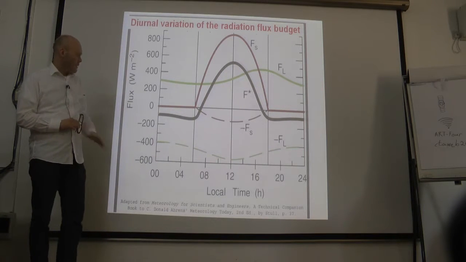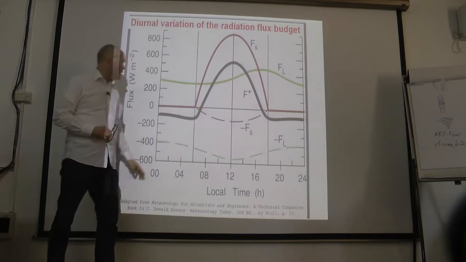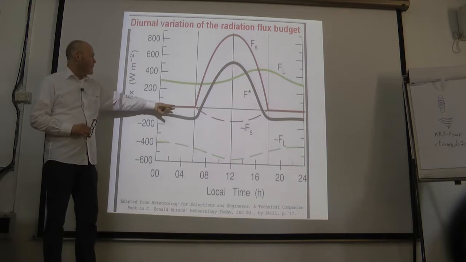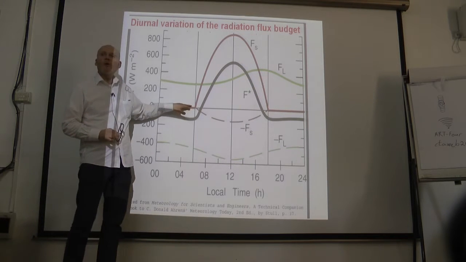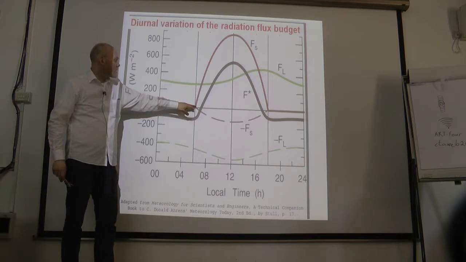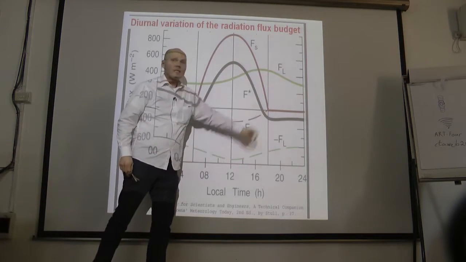This is one day, and this is the energy flux. Here the red curve shows us the solar radiation coming downwards. Here is sunrise and sunset.